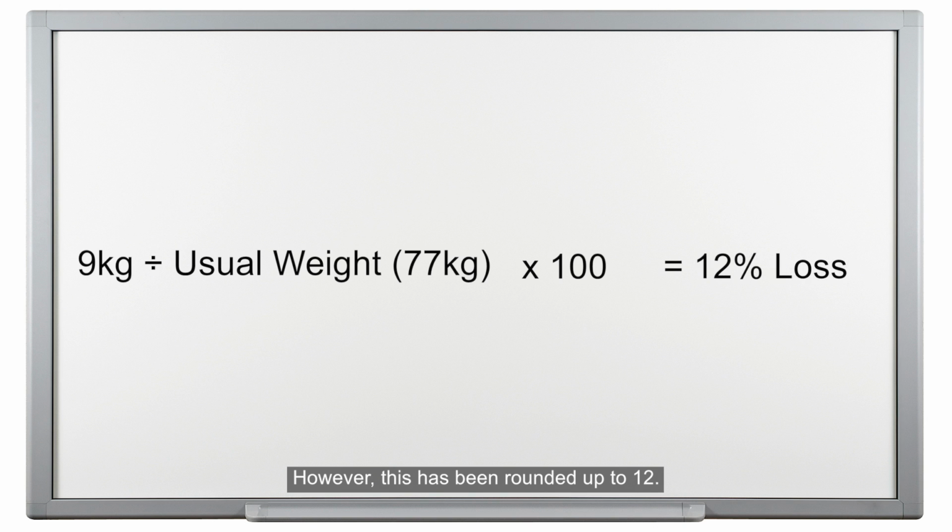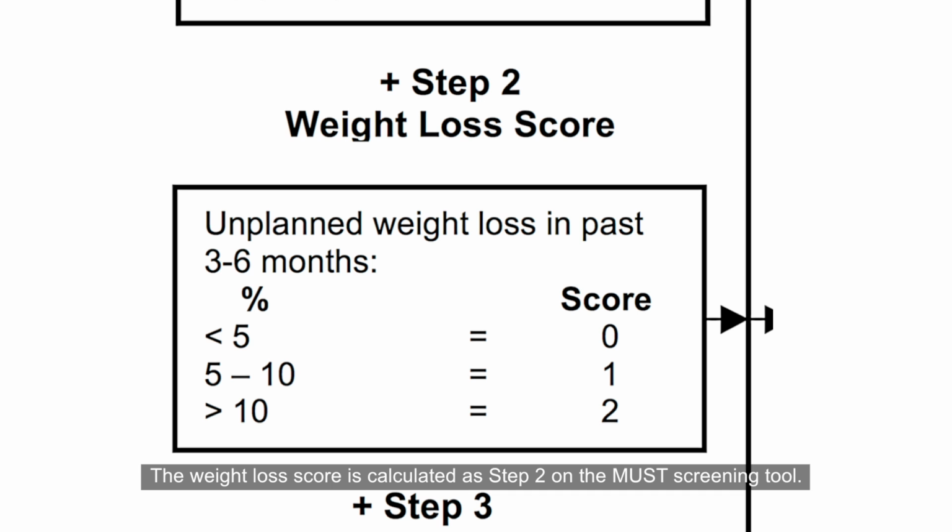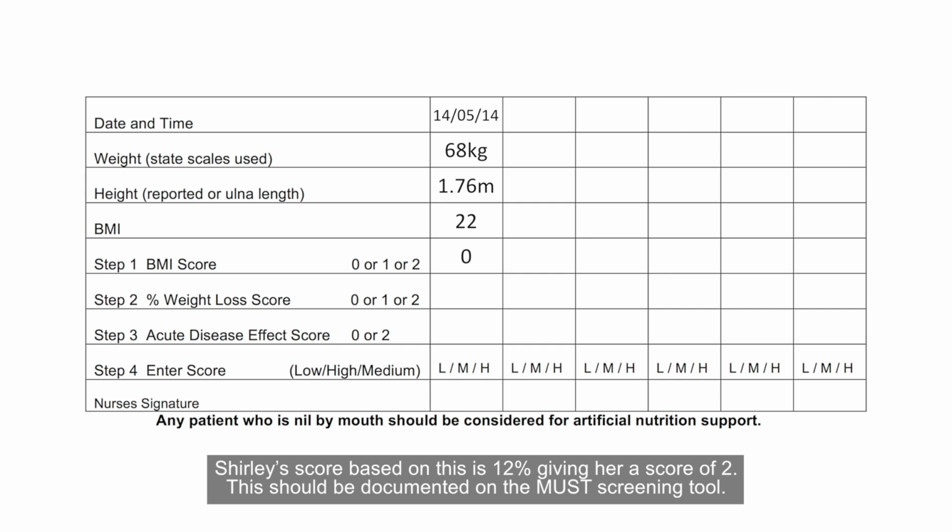However, this has been rounded up to 12. The weight loss score is calculated as step 2 on the MUST screening tool. Shirley's score based on this is 12%, giving her a score of 2. This should be documented on the MUST screening tool.